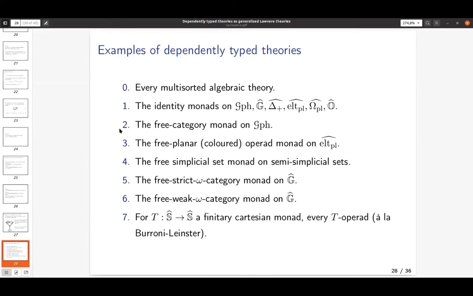So this is quite reassuring: even though this definition may not be the most general syntactically, it allows us to recover quite a few examples.